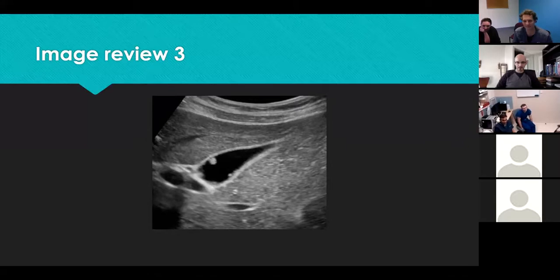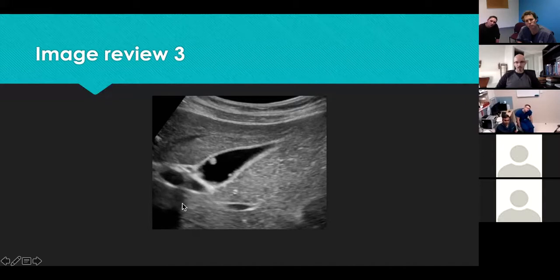So differential could be polyps, or it could be sludge ball. But probably I'd change the position of the patient, and also put some Doppler and see if there's any vascularity of that structure. And probably do Murphy's sign as well.